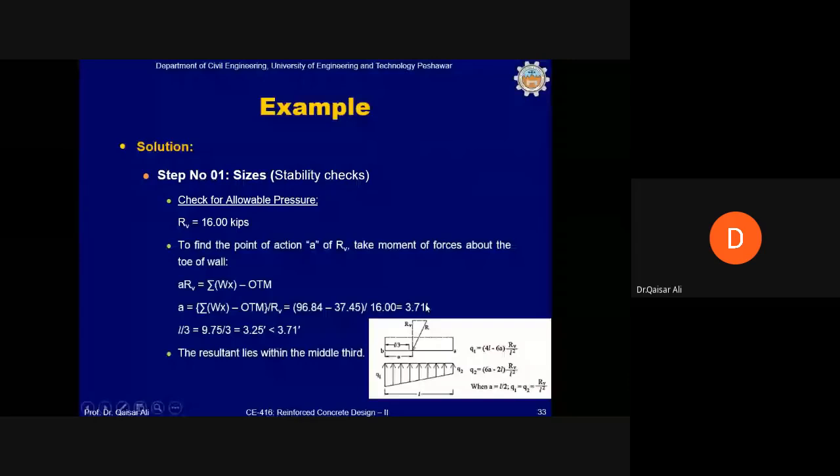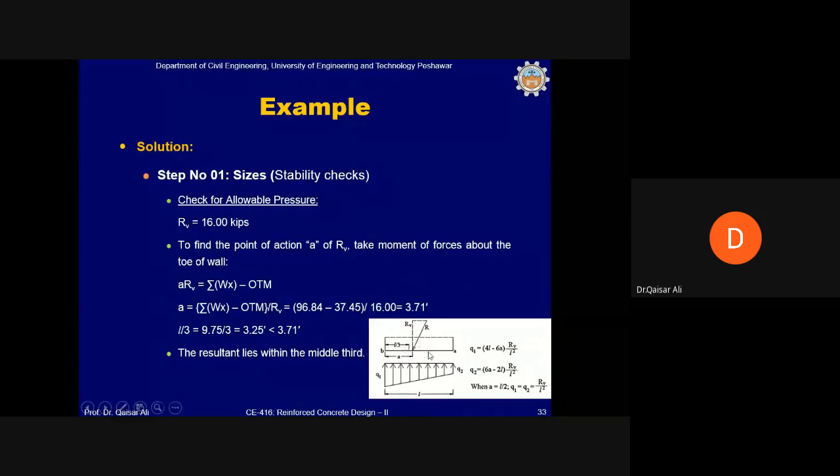So small a is 3.71 feet, and 1/3 of the base of the retaining wall is 3.25 feet. It means that R falls within the middle third, because if small a is more than L by 3, R falls within the middle third.